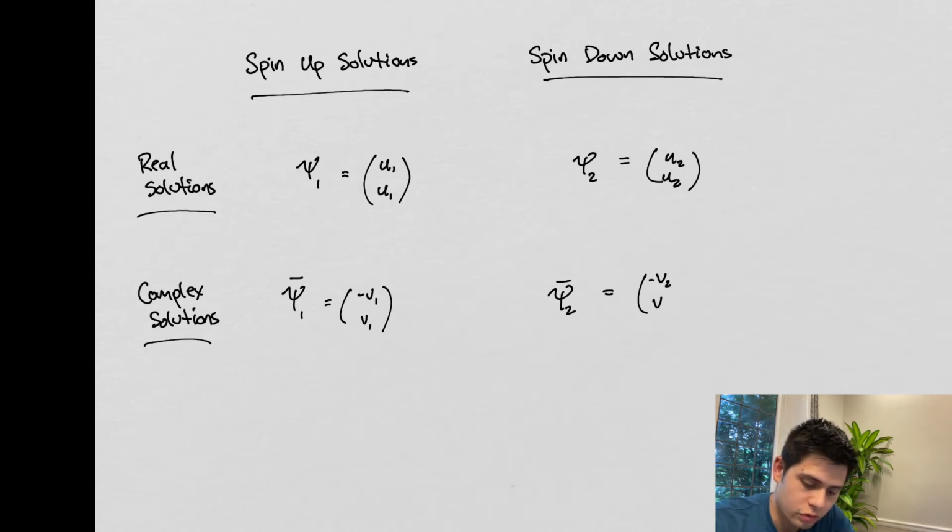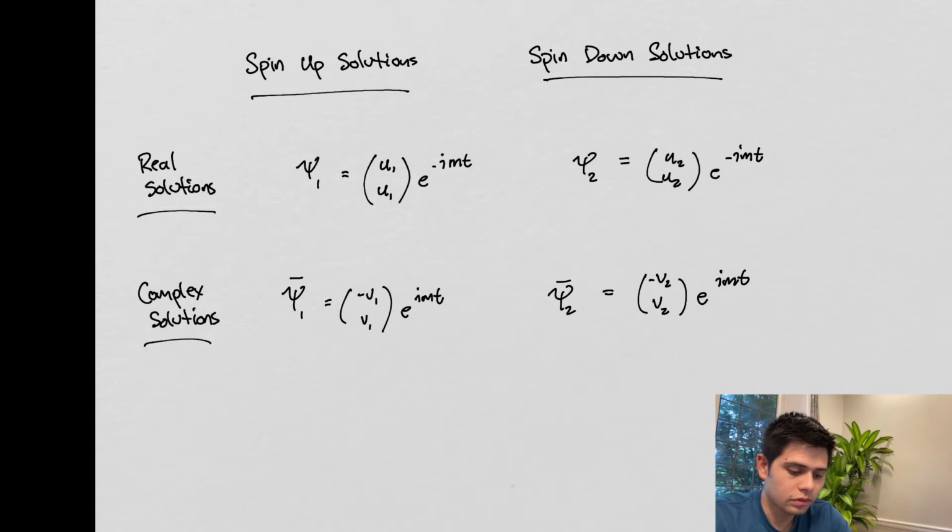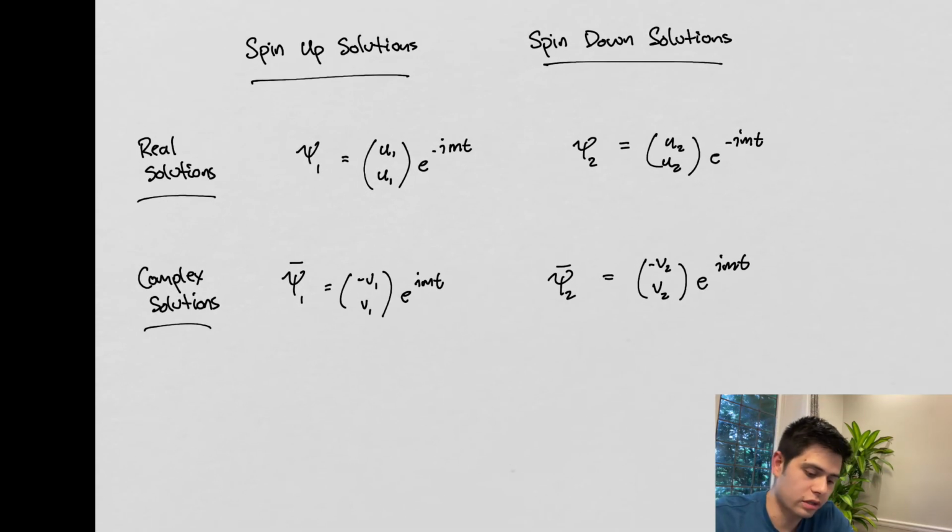So the 2 denotes spin-down solutions. Then we're going to say e to the minus i mt and e to the minus i mt, and then e to the i mt and e to the i mt. So this is what we're proposing our solutions to look like.